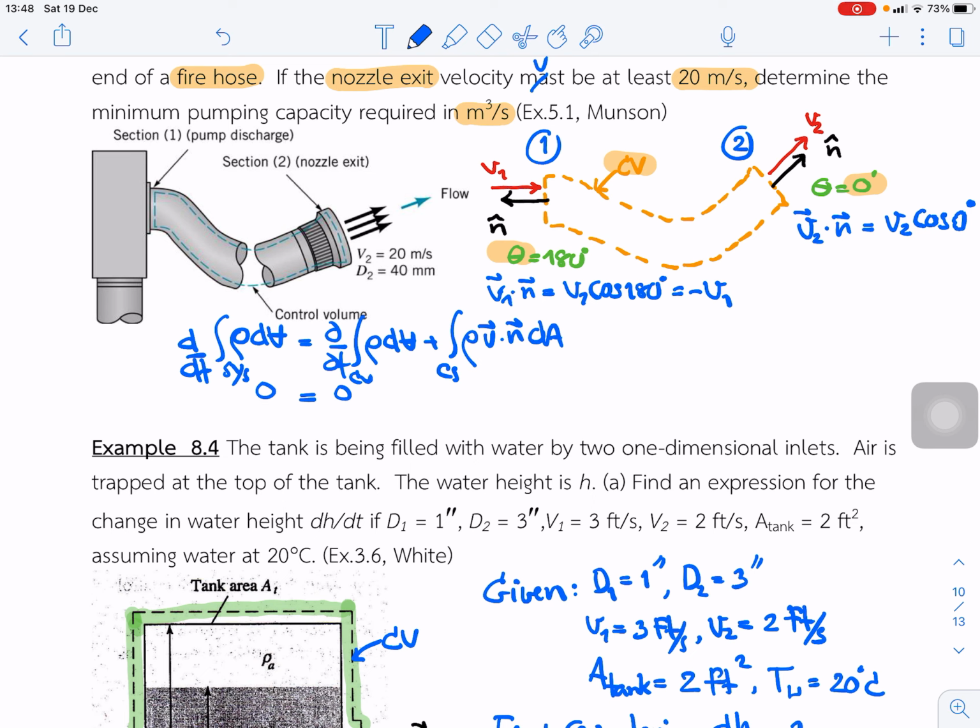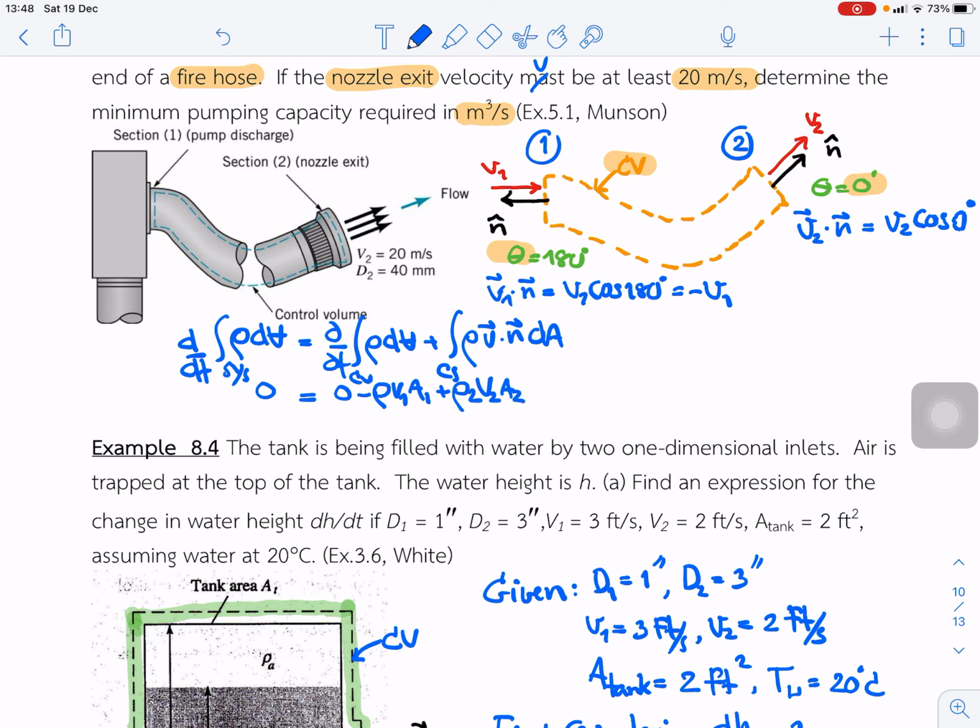For the inflow, rho v1 dot n is equal to minus rho v1 A1, so we get the negative sign, and for the outflow it is rho 2 v2 A2.